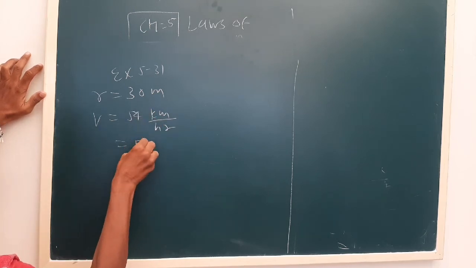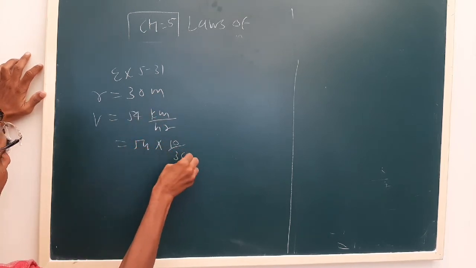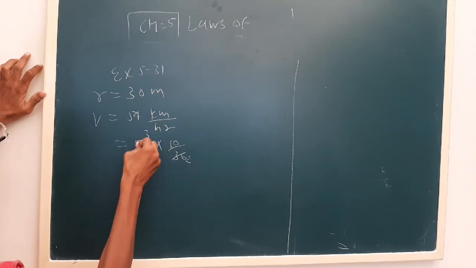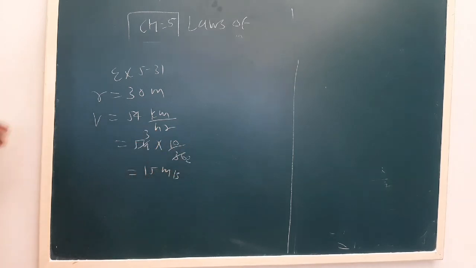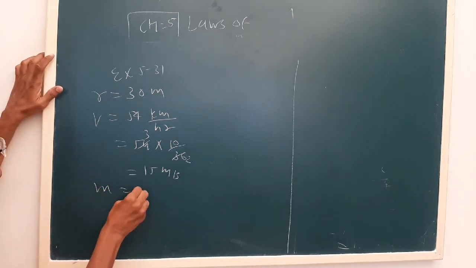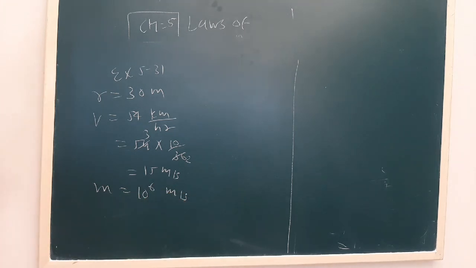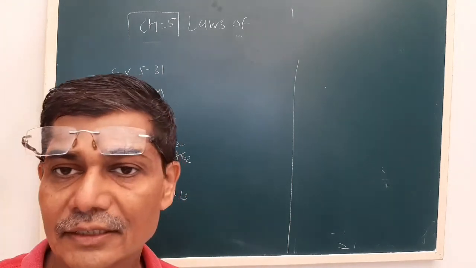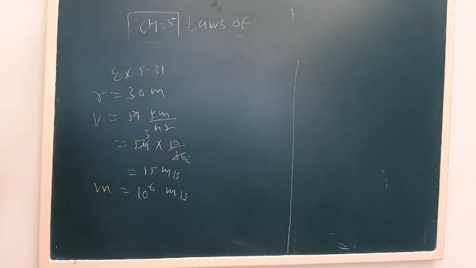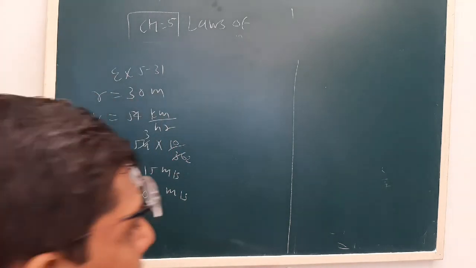We can convert that into meters per second. Now here we have to find theta. The mass of the train is given. With what angle should the road be designed so that it can move safely?